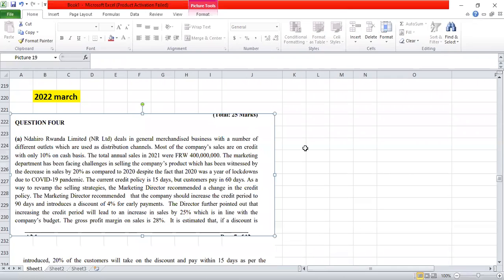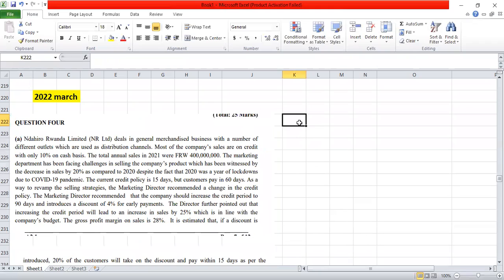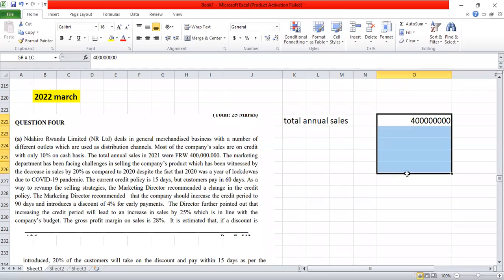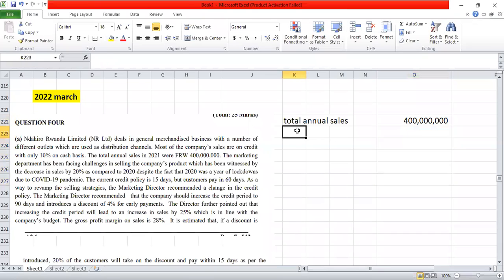The total annual sales is 400 million. That's the total annual sales.